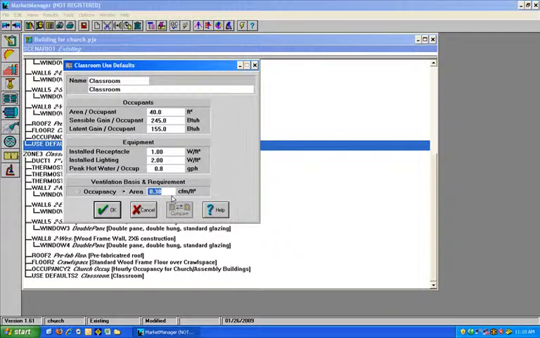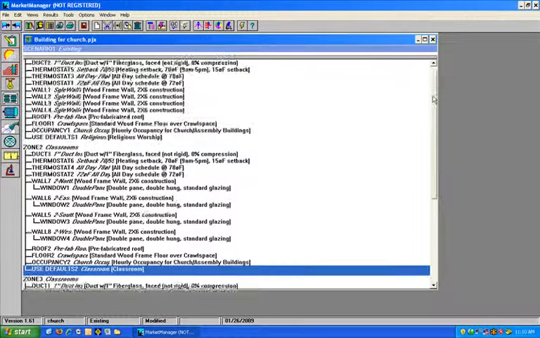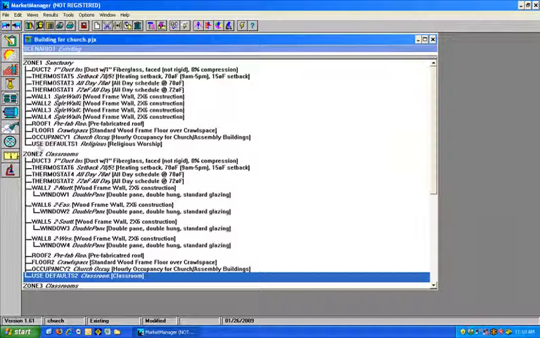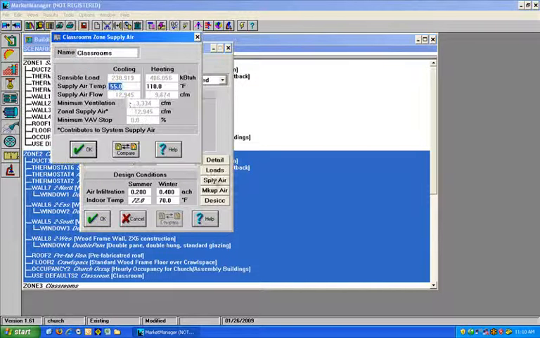So it's taking 0.38 CFM per square foot times the number of square feet, and that will calculate your minimum ventilation. So it's looking at those three, and based on those three, it will take the largest of those. So there's this, that, and that. The largest happens to be cooling. That's how the zone supply air form works.